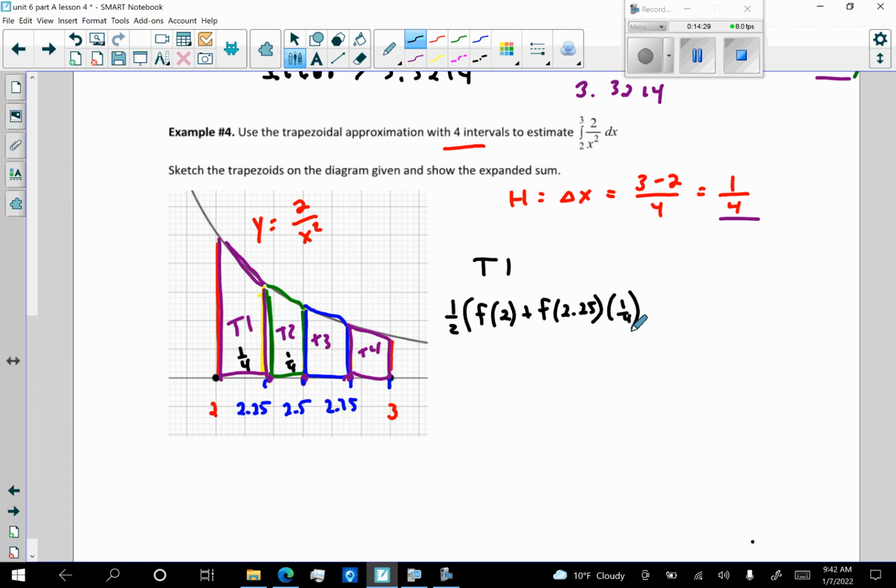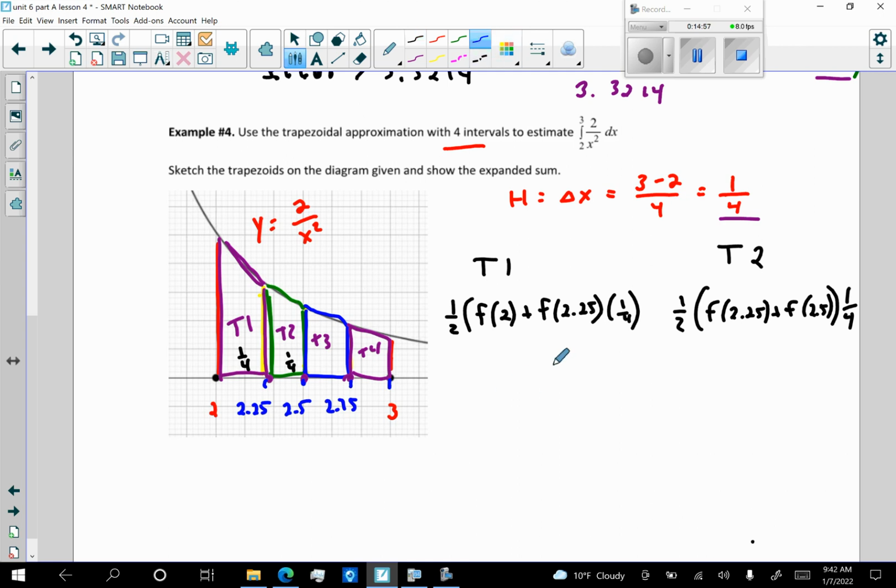That's trapezoid 1. Keep in mind I have 4 trapezoids. Trapezoid 2 is going to be 1/2 times f of 2.25 plus f of 2.5. Again, this is going to be multiplied by 1/4 because that's the height of the trapezoid.